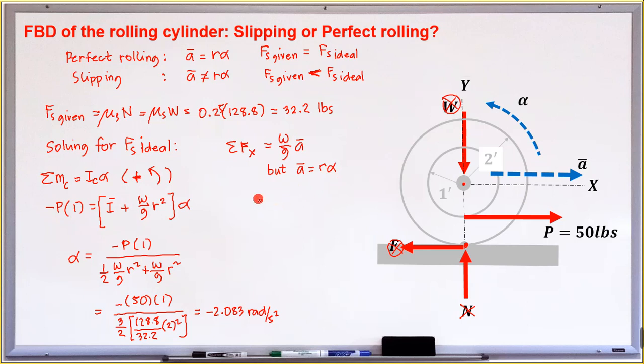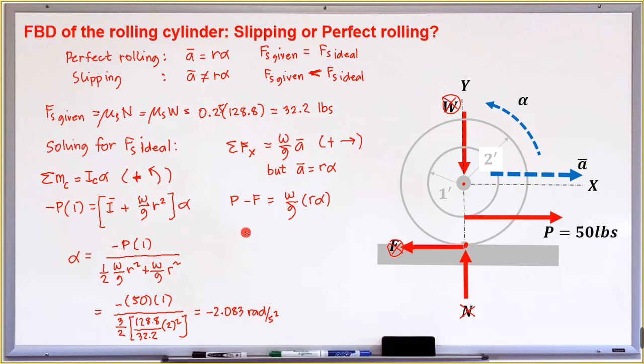That is what perfect rolling means. So the forces that act in the horizontal axis are the applied force and the frictional force. The positive force among the two is the applied force, whereas the frictional force is negative because it acts opposite to the direction of motion. So we have P minus F is equal to W/g times r alpha.